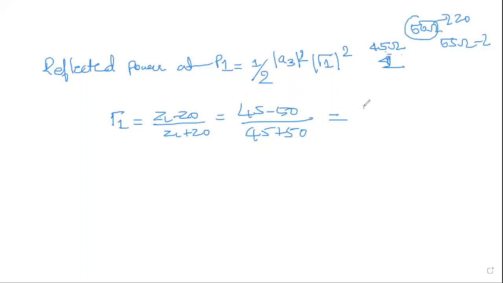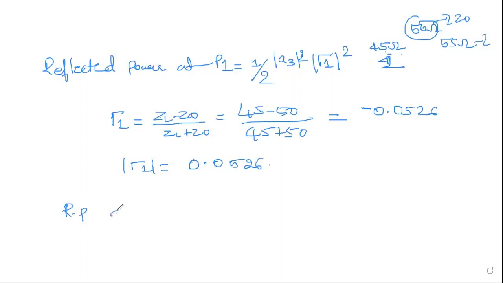Minus 0.0526. See here you have magnitude. So when I consider the magnitude of this, it will be just 0.0526. Now just substitute for that.